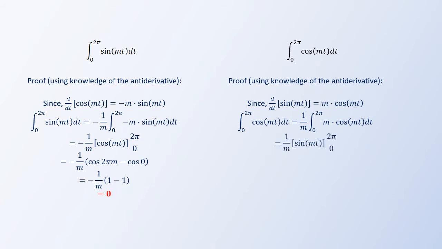So that becomes, like the previous example, 1 over m times the sine of mt, since the antiderivative of m cosine mt is just sine of mt.